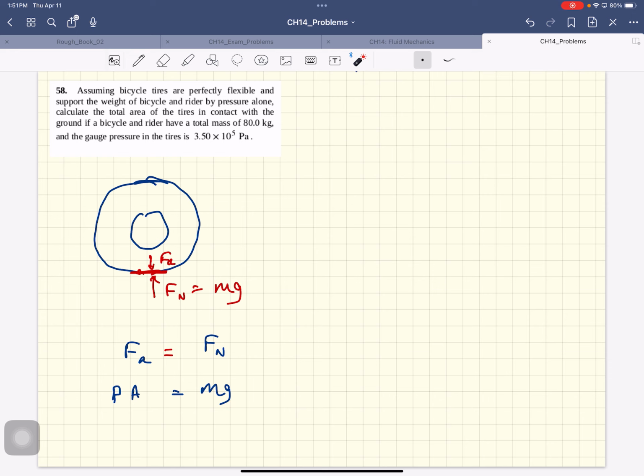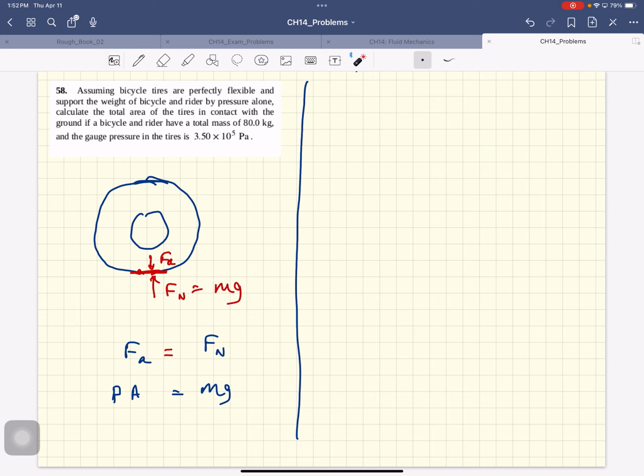And now this pressure is absolute pressure because there's no atmosphere there. It's not gauge pressure, but absolute pressure. Well, maybe we should take gauge pressure because no matter what, there's always air underneath.